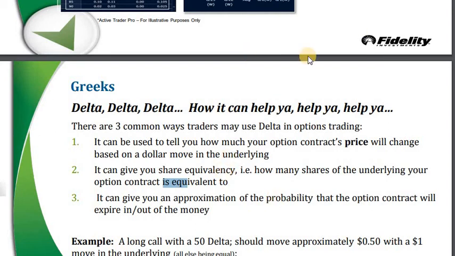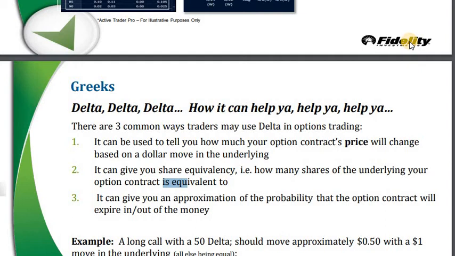So in the case of call options, long call options, when your strike price is very much less than the stock price, then we call it deep in the money. For deep in the money options, delta will be 1.